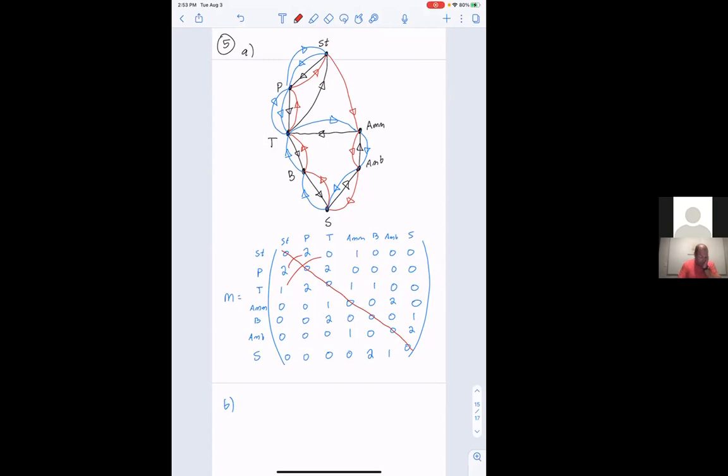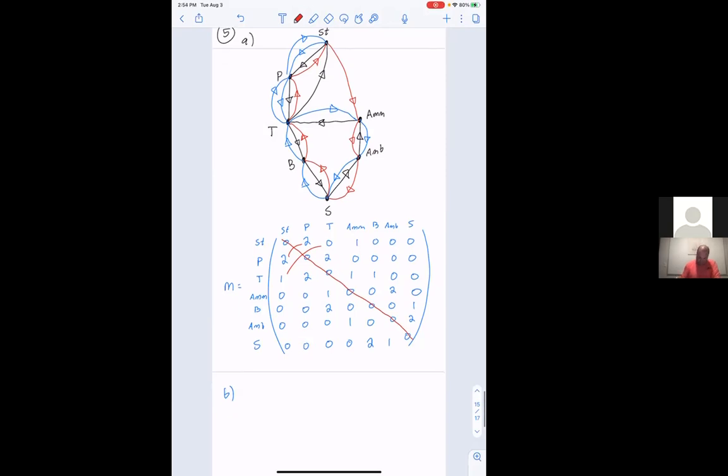Why am I not understanding the question? Find all the pairs of towns that are not connected directly. Well, let's first find the ones that are not connected directly. If we look at these numbers, these are the symmetric pairs.